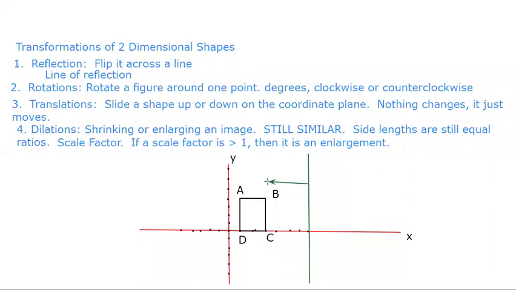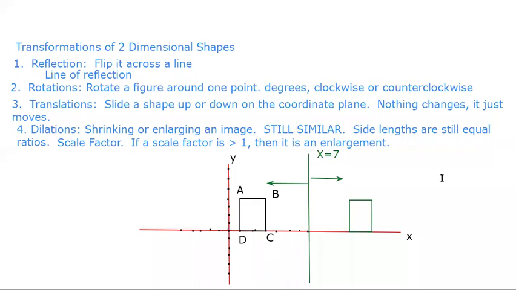So for B, how far this way are you? Well, B prime, you'd go that same distance this way. So you're going to end up with a green rectangle, the same distance on the other side, and it's going to be the exact same size if you reflected it across X equals 7.